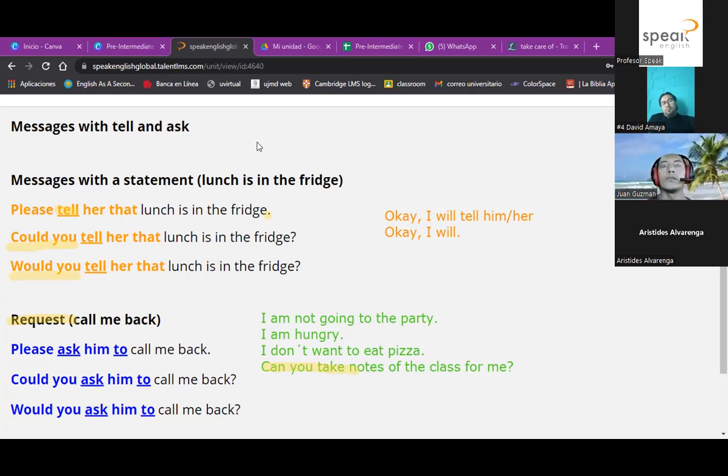We start the request from the verb. Please ask Juan to, this is important, to take notes. No decimos, please ask Juan to, can he take notes? No.